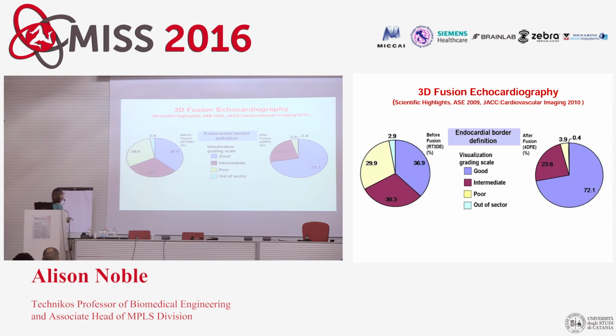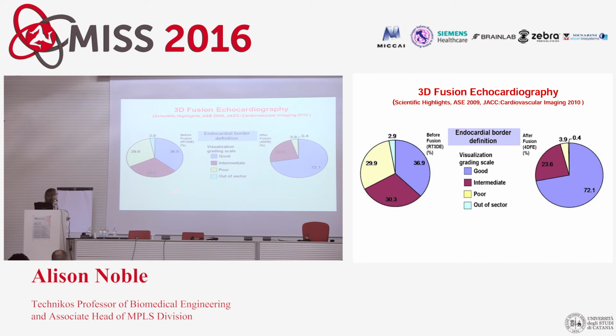Does it make a difference in clinical practice? The answer is yes. This is a study we did with clinicians who were interested in grading, looking all the way around the heart boundaries, grading whether they could interpret them. They would say that they were good for interpretation, intermediate, poor, or out of sector, meaning you couldn't see it.